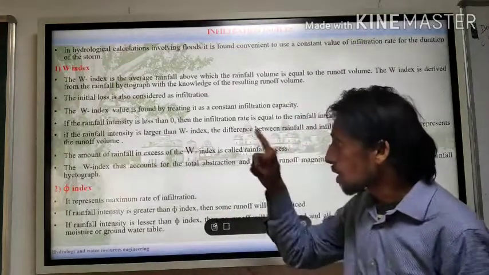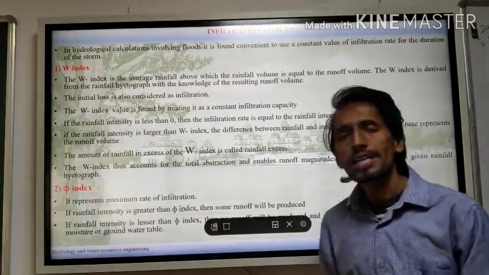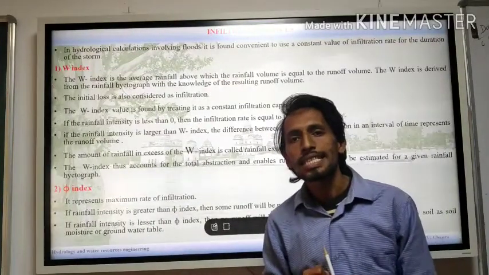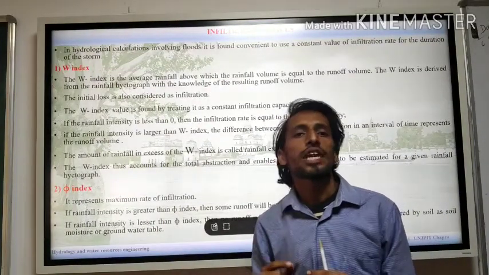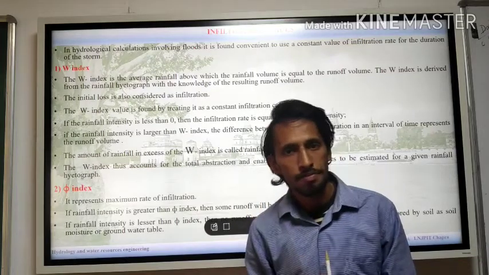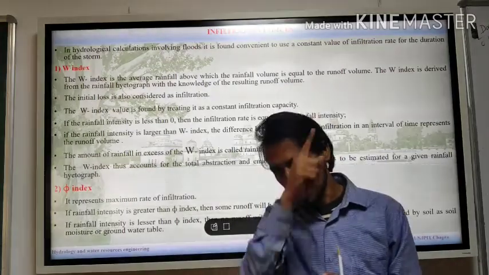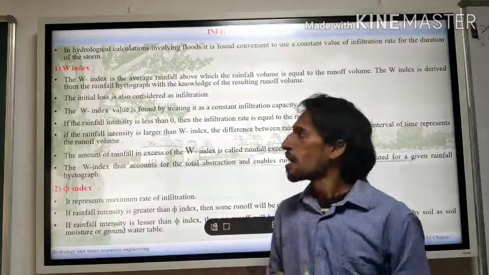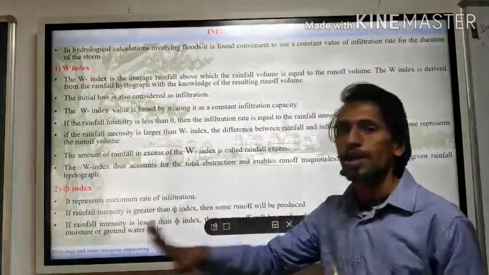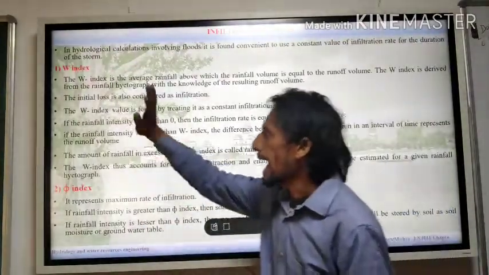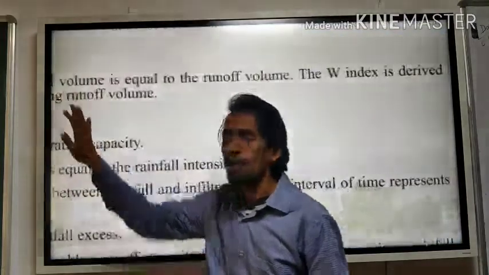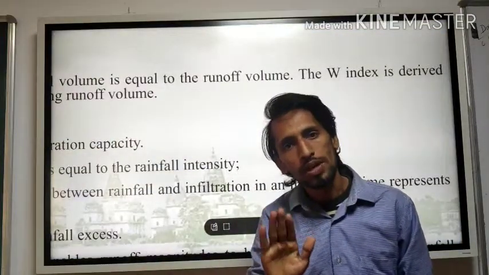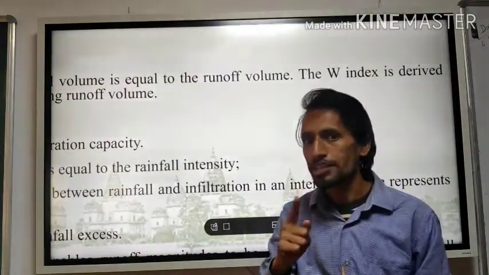Okay, so what is W index? W index is the average rate of infiltration. Infiltration is constantly changing, so we are saying that we don't want a changing value, we want an average value, that we are calling W index. Okay, average rate.